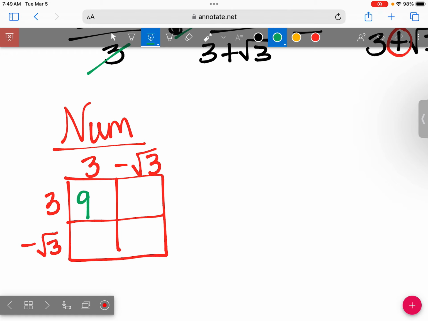So that would be a 9. Now, when you're multiplying, this is like saying 3 times x, or 3 times negative x. So in this square, it's going to be a negative 3 root 3, and the same thing here. And in this square, you're going to have a negative 3.